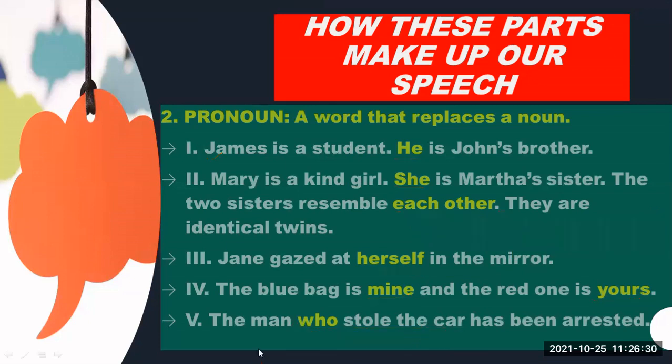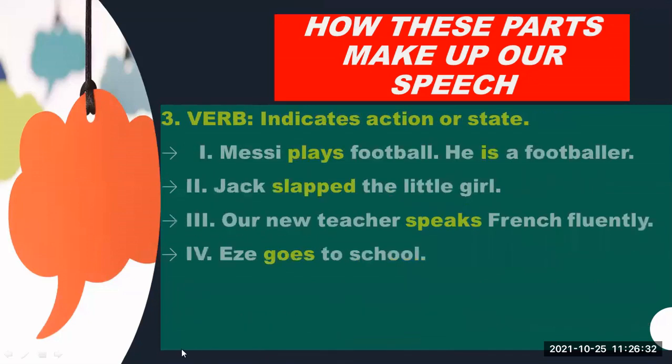Okay, so let's now move on to the third part of speech, one of the parts that make up our speech. And now we want to look at the verb, the mandatory element of a sentence. A sentence without a verb is meaningless.